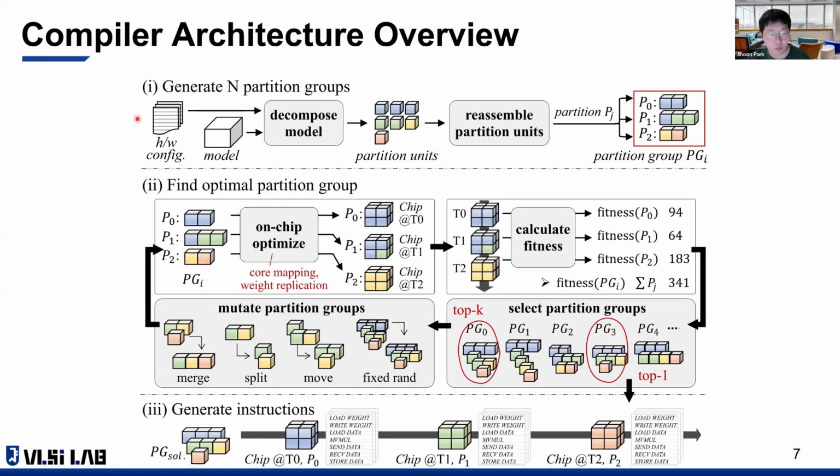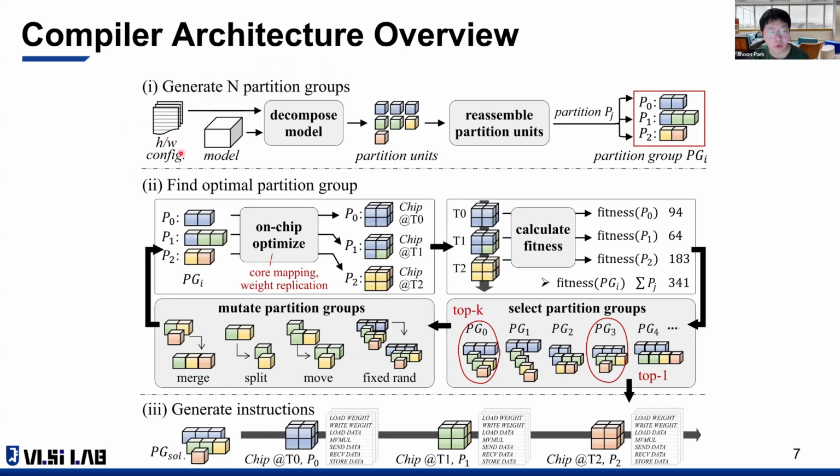These are the three steps we go through to find the best partitioning scheme. First of all, we generate a number of partition groups. By partition group, we mean that a model is partitioned into n partitions, and a partition group consists of the partitions that form a whole model.